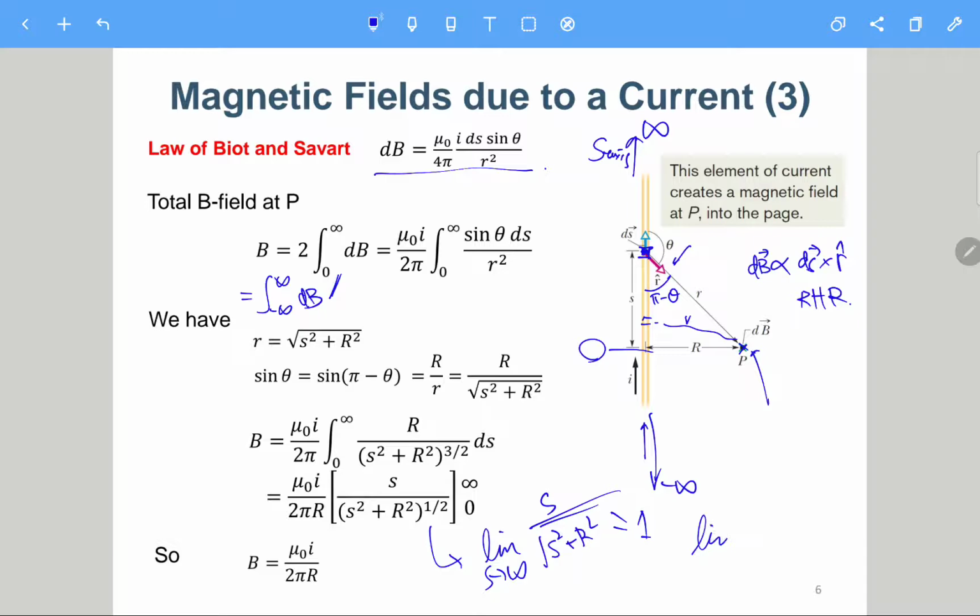And for the limit as s tends to 0 of s over the square root of s squared plus r squared, this one will be simply 0. So this one is 1, so B is mu 0 I over 2 pi r.